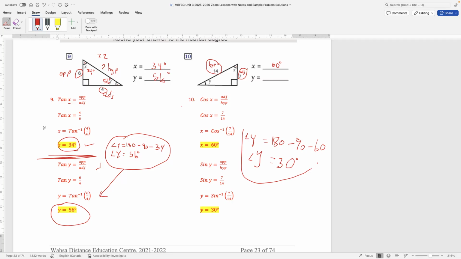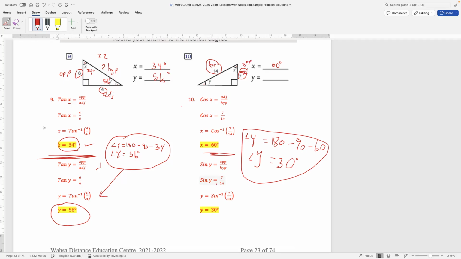So again, that's using geometry, just subtracting the two angles you're given from 180. Now, we've got this one. If I want to do y, then I have to relabel, because now the hypotenuse is going to be the same, but now I'm looking at y, the opposite side.